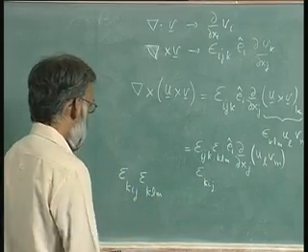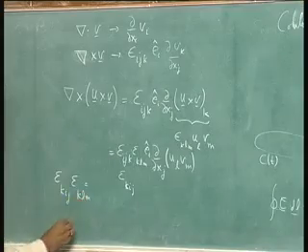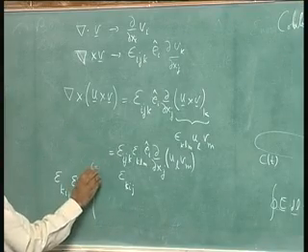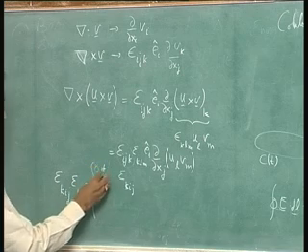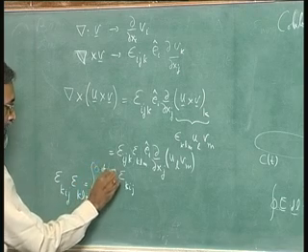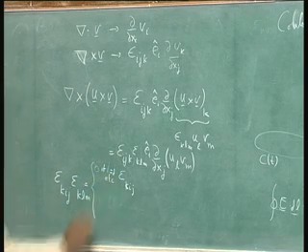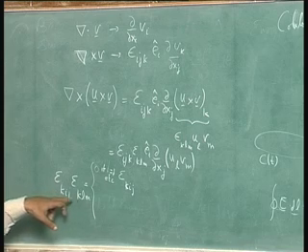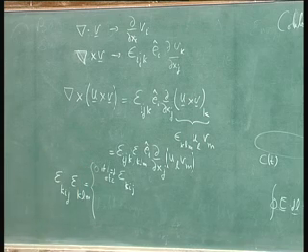So, it means that it is equal to 0 if i equals j, etc. So, if these indices are not totally different, it is 0.